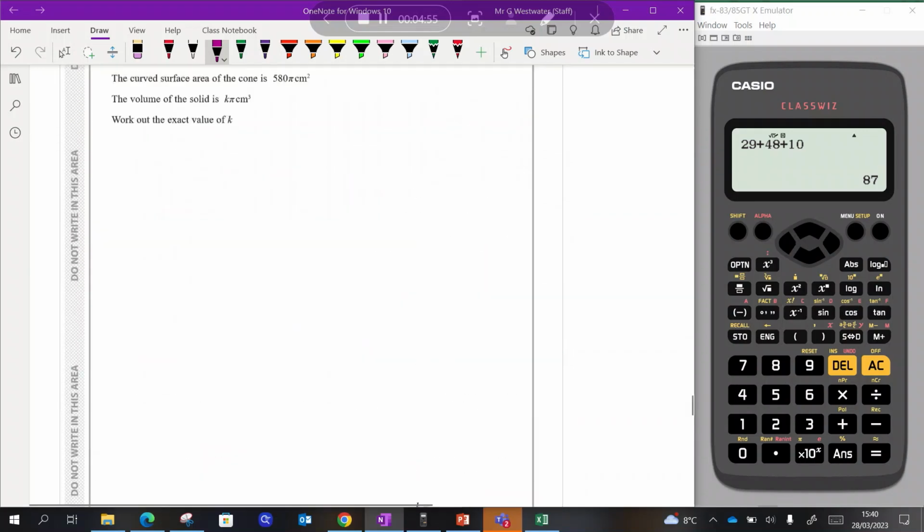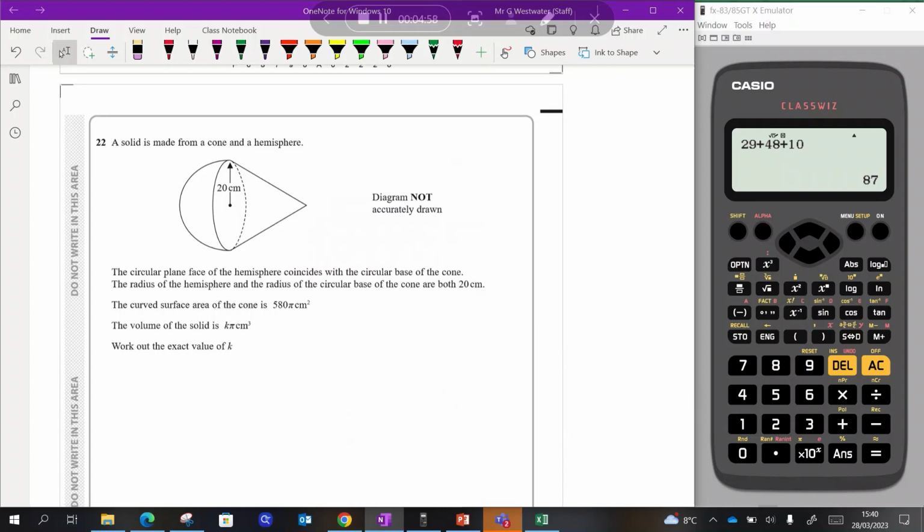On to question 22. A solid is made from a cone and a hemisphere. Okay, so this cone is here and the hemisphere, half a sphere. The circular plane face of the hemisphere coincides with the circular base of the cone.